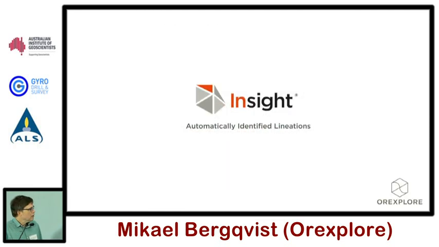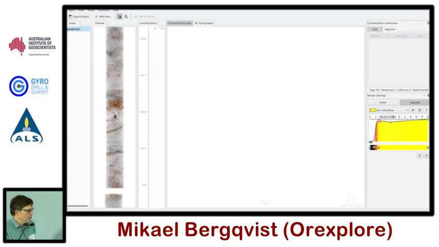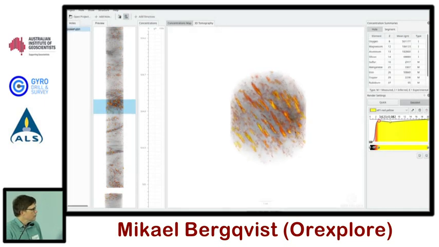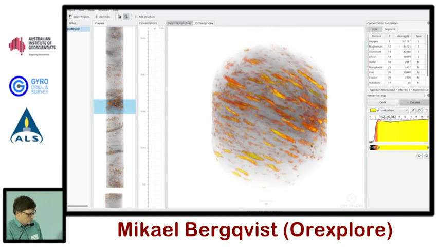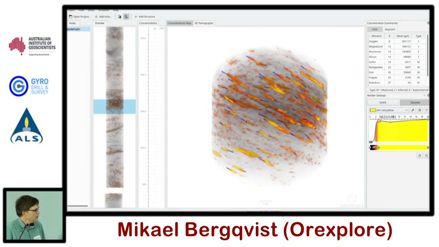The same thing can be done for identifying lineations. So here is a drill hole with the data being selected and brought up for closer view. And we see it very clearly by ourselves, but the automatic software that identifies this picks it up very nicely.